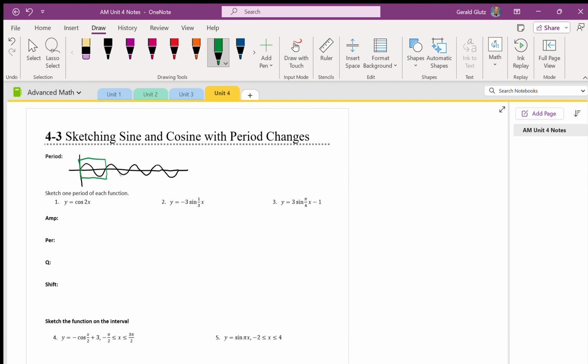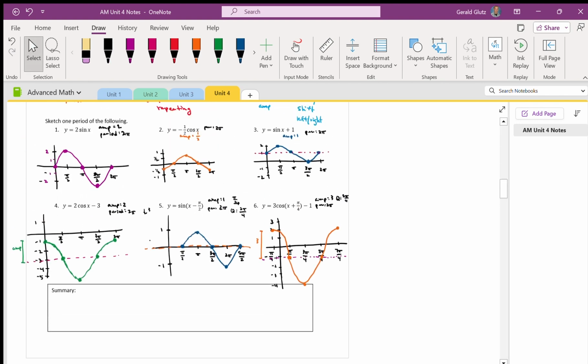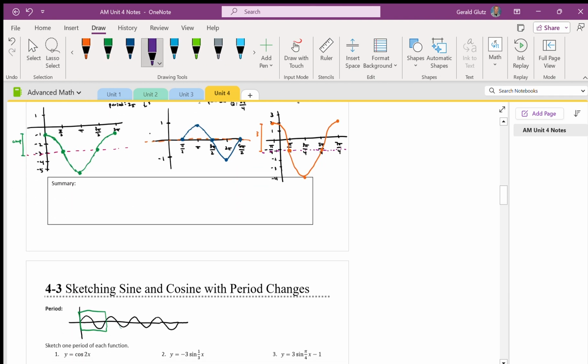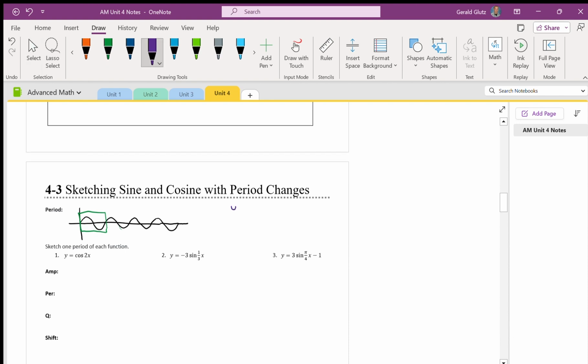As a recap, if you go back to the previous day's notes, the general form is up here in purple. I'm going to use purple again to write that. So y is equal to a, and we'll just use sine as an example, of b times x minus c plus d.